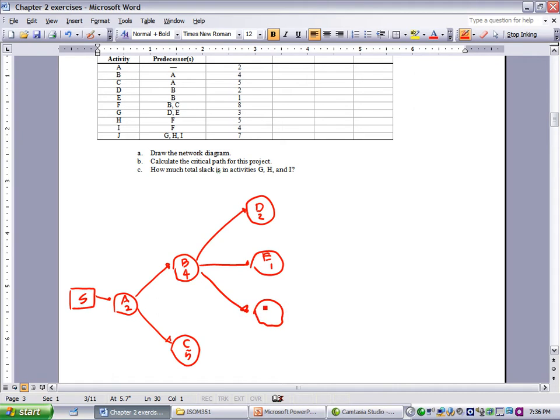Make sure also that you draw the arrows nicely, so the arrows point in the right direction, because when you go backward, if you don't draw an arrow clearly, you might be confused about which activity goes first or last.